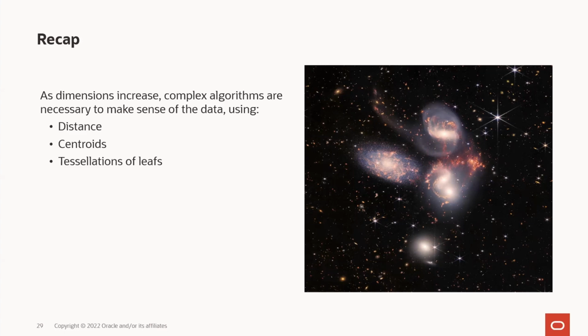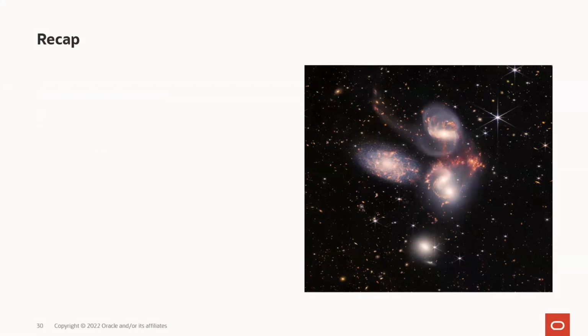This galaxy visualization can really help take into account the distance, the centroids, and even the hierarchical tessellation of those leaves, which can build a greater understanding of that pile of data, the composite of thousands of images.